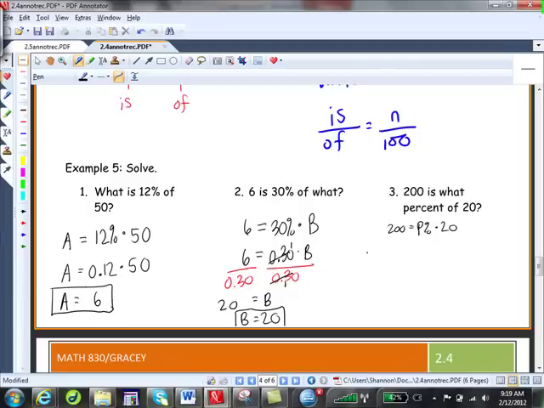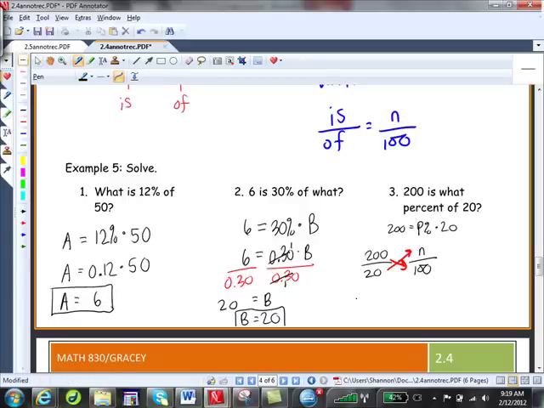If you do part, which is 200, over whole, which is 20, or you can say is over of, and that's equal to n over 100. Now, remember, if you have a proportion, one fraction equal to another, you can cross multiply.